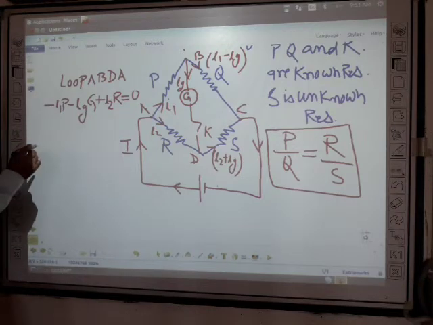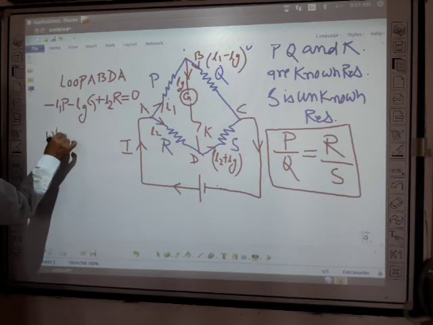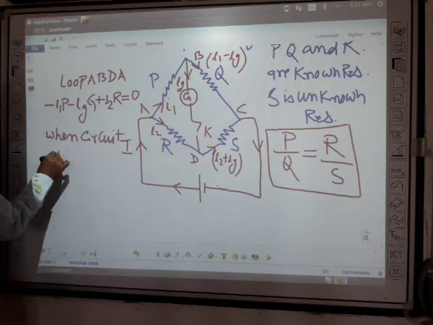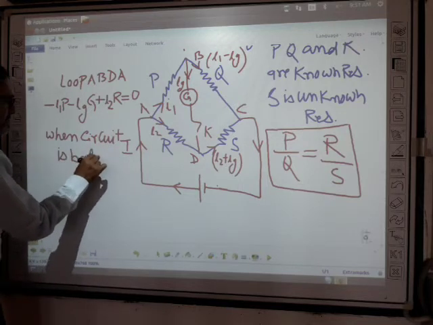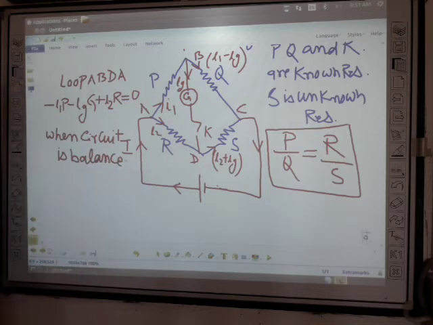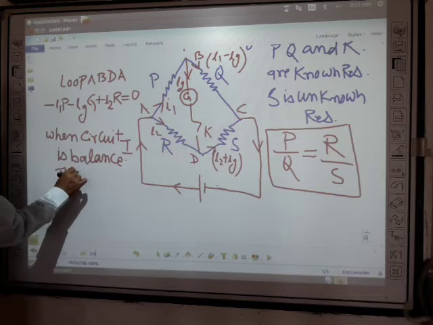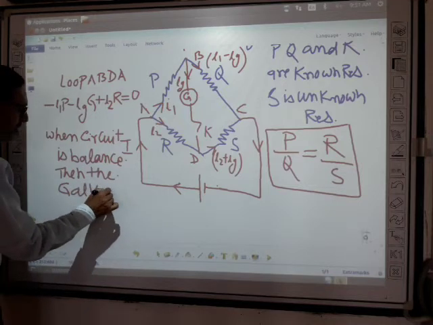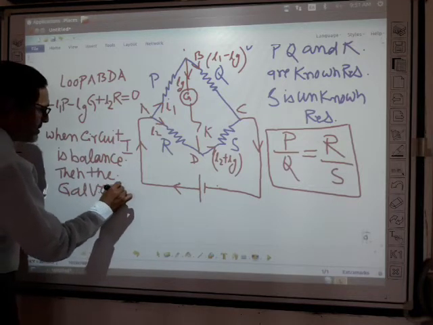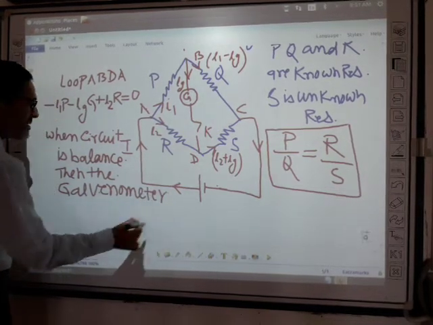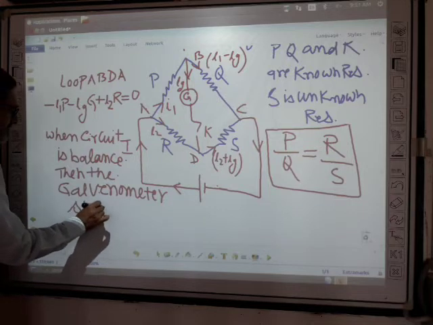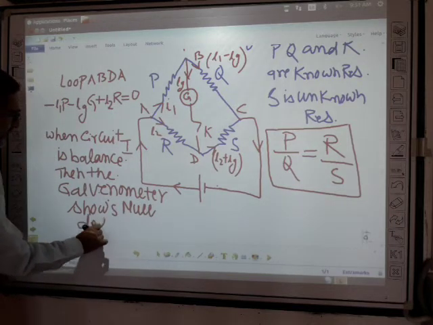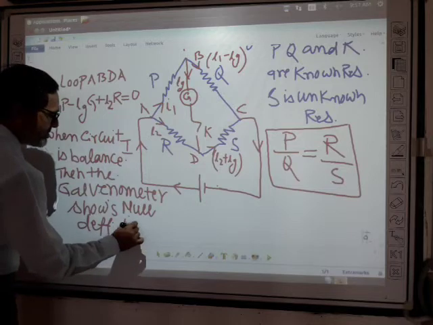Clear? Now remember, when the circuit is balanced, the galvanometer shows null deflection, means Ig is equal to 0.